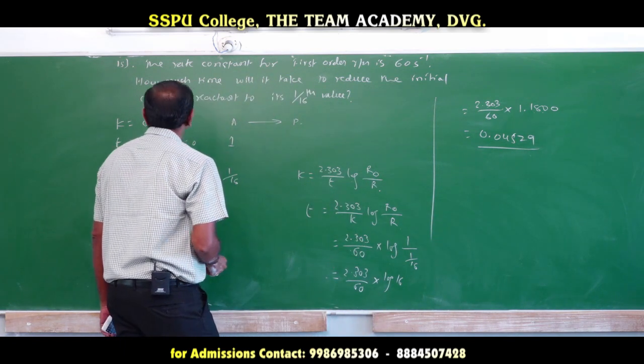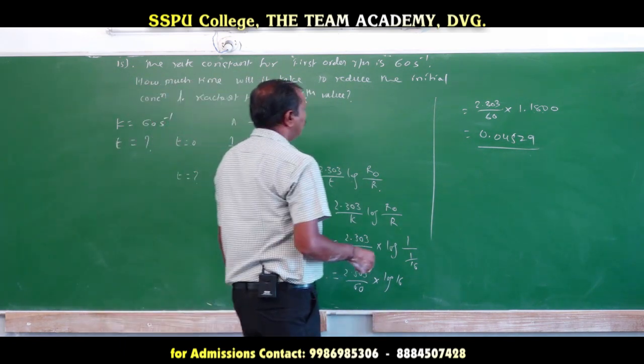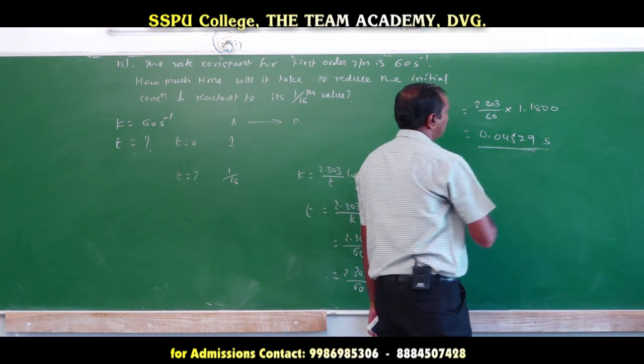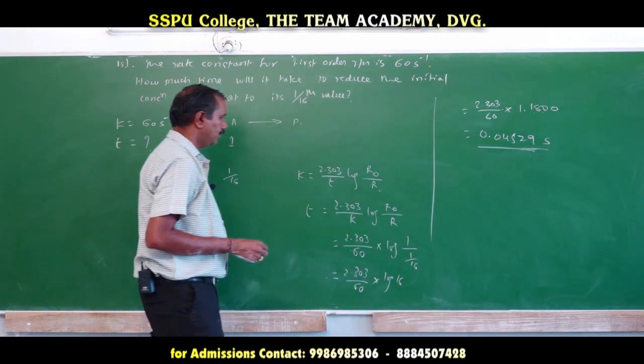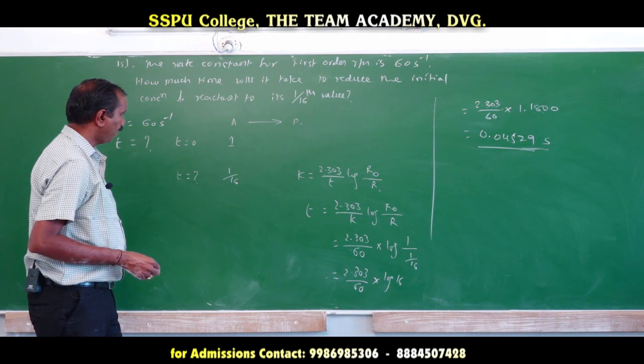Finally we get 0.04529. Since the rate constant is given per second, t should be in terms of seconds. Yes, for 1 by 16.